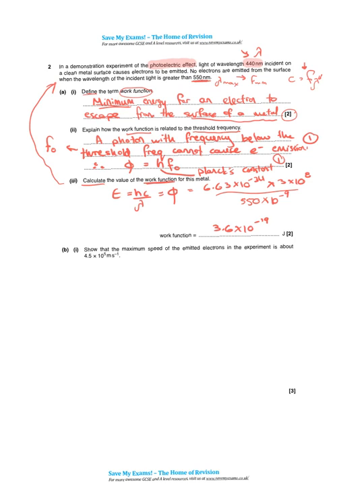Then the next part says show that the maximum speed of the emitted electrons in the experiment is about 4.5 times 10 to the 5 meters per second. Since we're showing it again, remember we talked about this. This is quite similar to the previous question we have seen. So we have the energy of a photon equal to the work function plus the kinetic energy max.